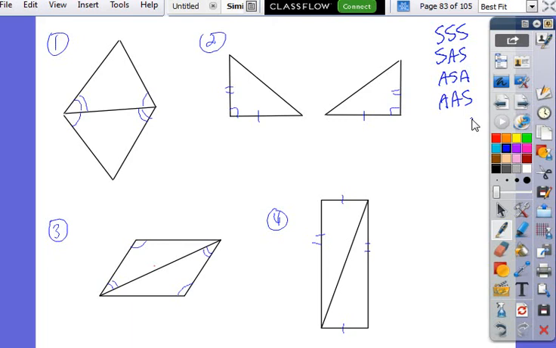For example, if I'm looking at this first one, this side that's in the middle, it's in both of the triangles, right? Well, then that means it's got to be congruent. If you ever see a side like that in the middle, mark it as congruent. The way people mark it congruent is they normally put an X on it, because it's shared by both triangles.